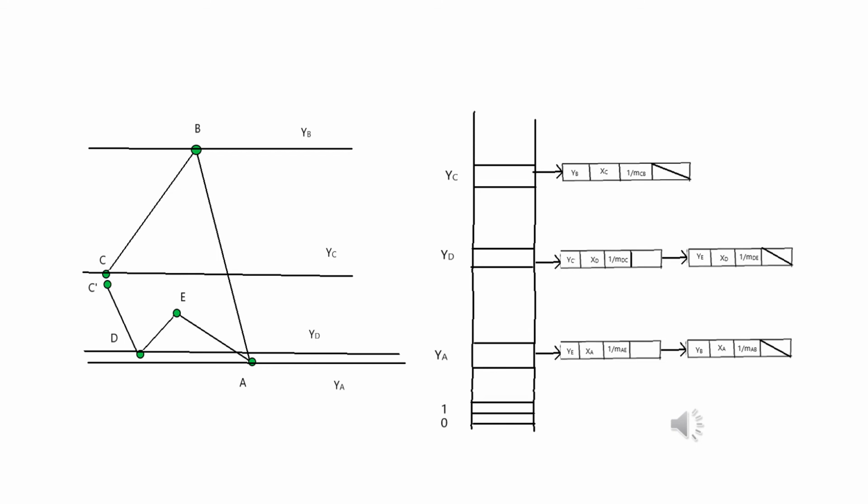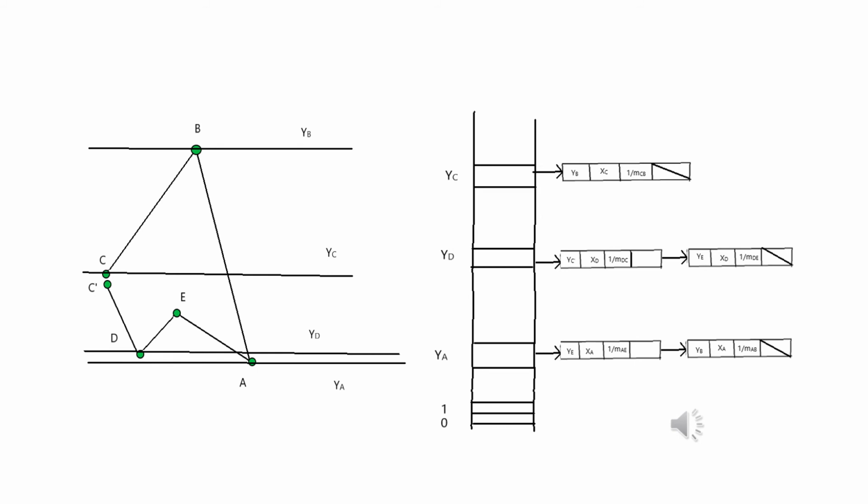For AEH, we are storing YE, the topmost vertex. For AEH, A is the lower vertex, E is the top vertex. So here we are considering XA, the x intercept for the lower vertex. We have to store that. Then the inverse slope, that is 1 by M AE.